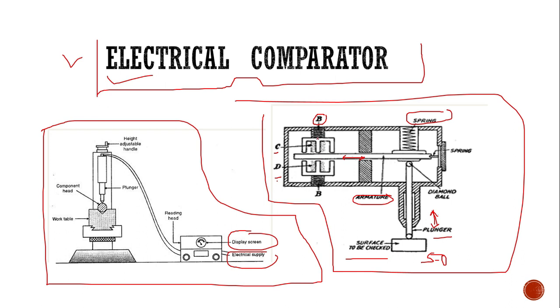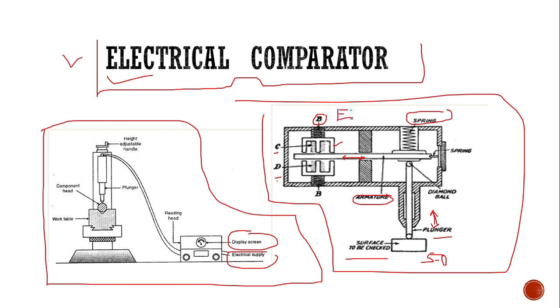This magnetic flux has a specific magnitude. The gap is maintained between this magnet and this armature, so you will get a specific value of these flux lines.